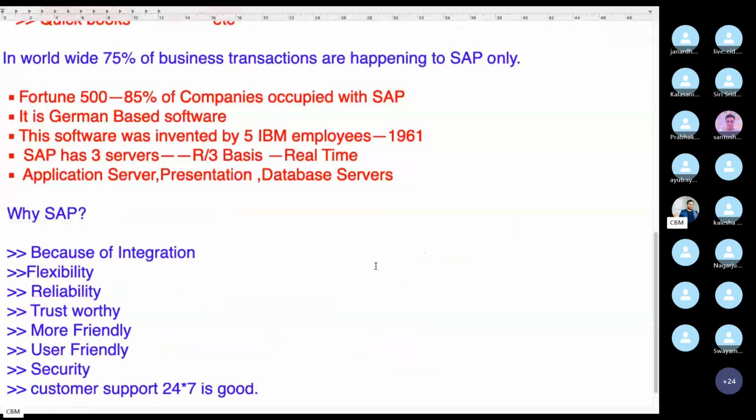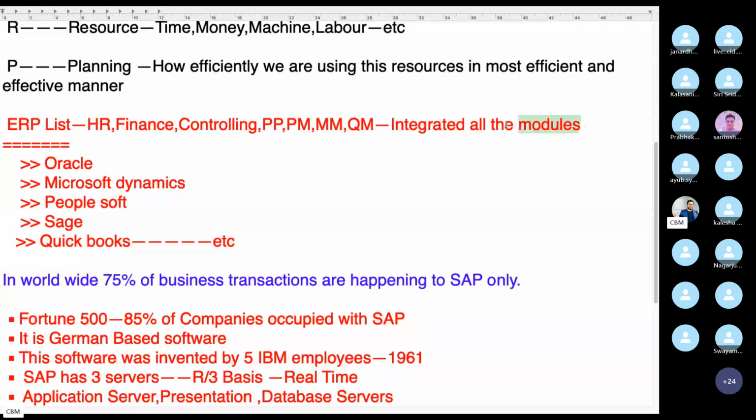Now the question is integration. Integration means all departments are integrated. The HR department is integrated with finance, finance is integrated with MM, SD and production planning, and material management is integrated with warehouse management. All these modules are integrated.